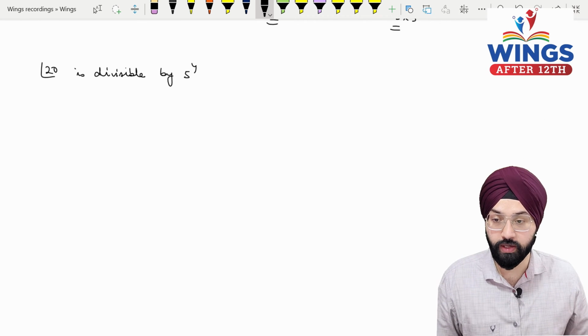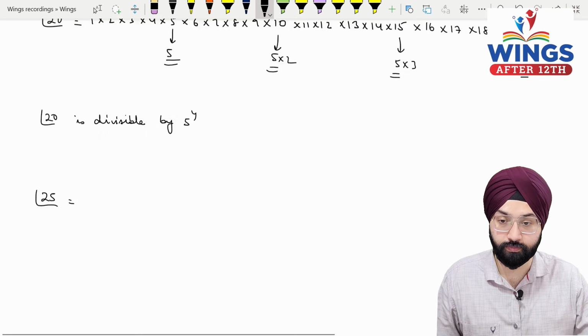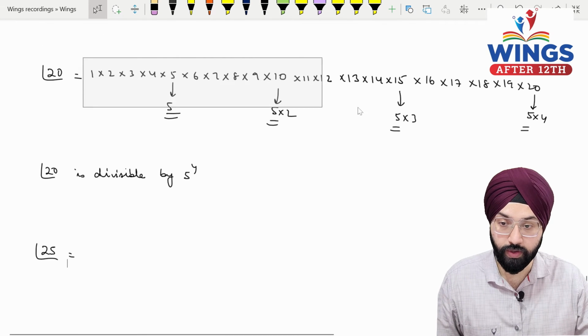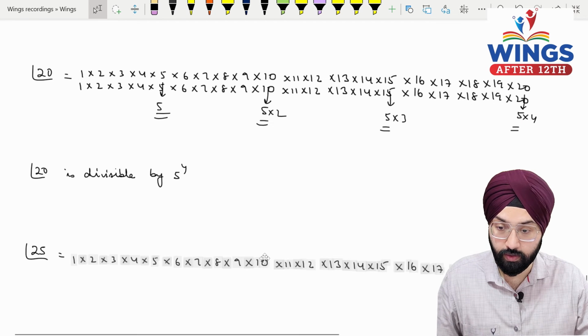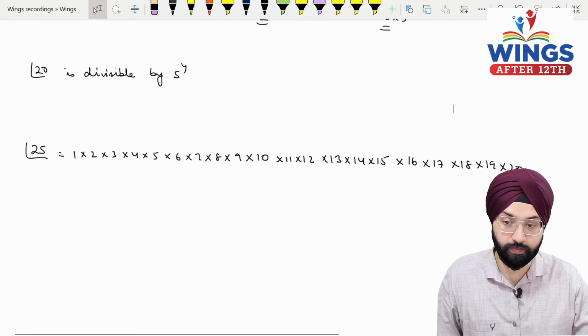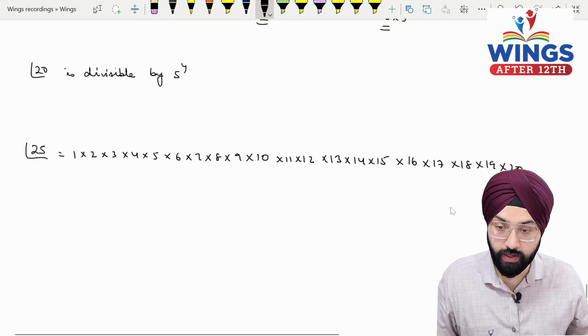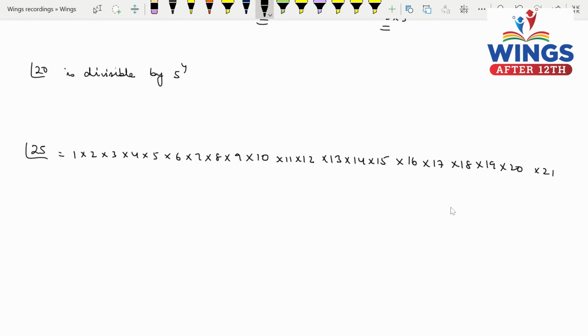One more example we'll take, 25 factorial. So 25 factorial can be written like this, into 20 into 21 into 22 into 23 into 24 into 25, right?